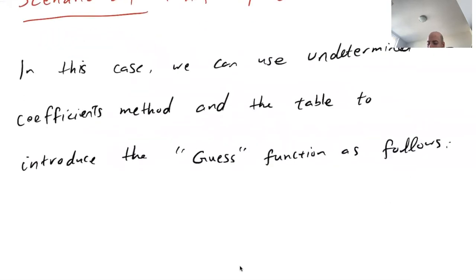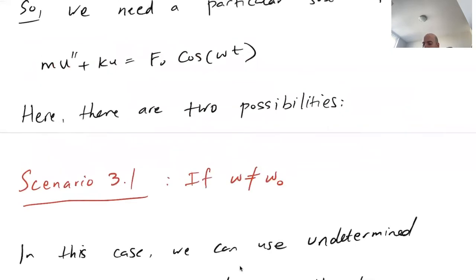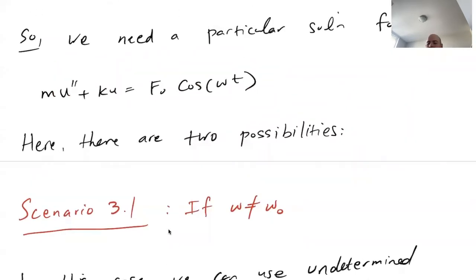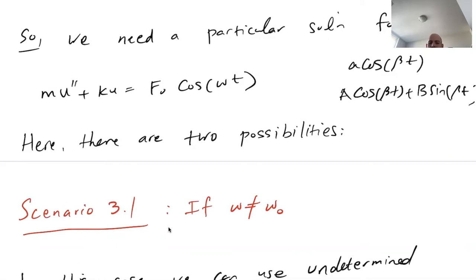So we can write UP as A cos omega t plus B sine omega t. Remember we said that if in the table, let's say the function on the right hand side is A cos beta t, then our guess function can be written as, let's say, capital A cos beta t plus, let's say, capital B sine beta t, which is the case here.